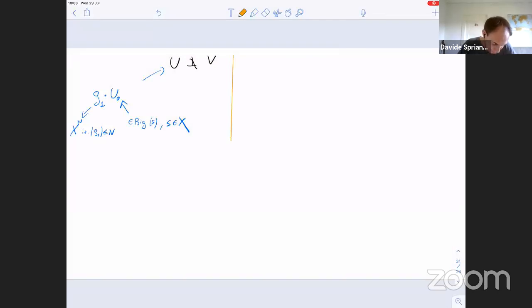Okay, but then what can we conclude? Well, we can conclude that U is in the big set of, okay, now I'm going to write it wrong, I hope it's correct, G1 S G1 inverse, right? If S is in the big set of U0 and G1 sends U0 to U, by conjugating it, we have that U is in the big set of G1 S G1 inverse. Okay, let's try to write a proof. This is not going to be extremely formal, but if I do G1, oh no, I screwed up the conjugation, didn't I?